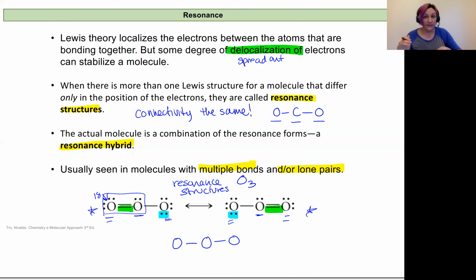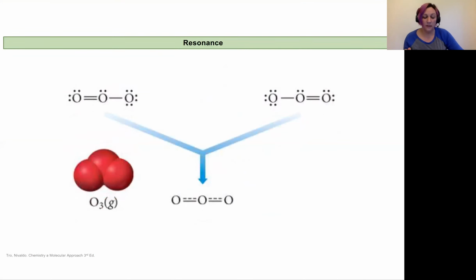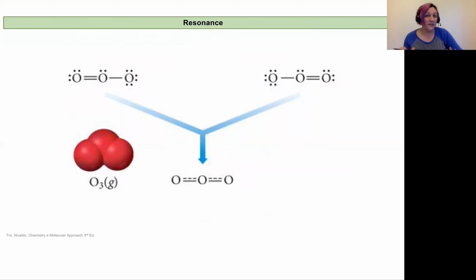But when we look at these, we don't see these two structures. We don't see a double bond and a single bond. Instead, what we see is two bonds that are the same length. We see a bond length of about 1.5 bonds. Bond length, if I haven't explicitly said this yet, gets shorter the more electrons are shared.